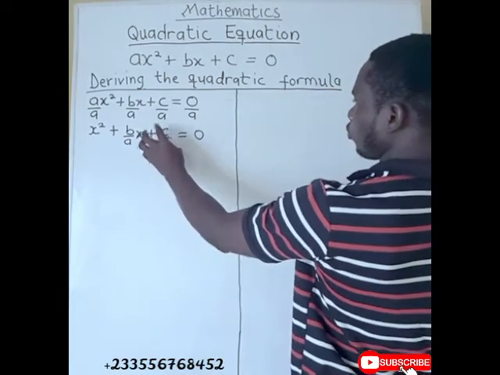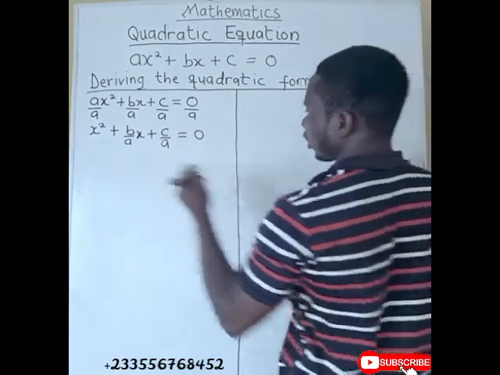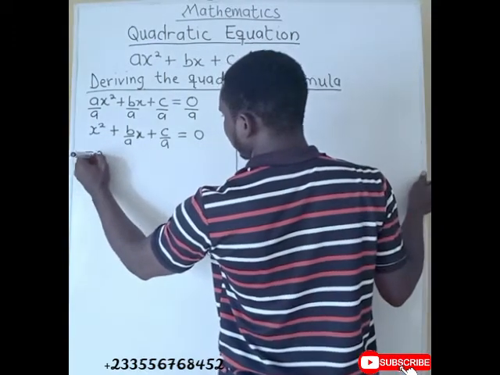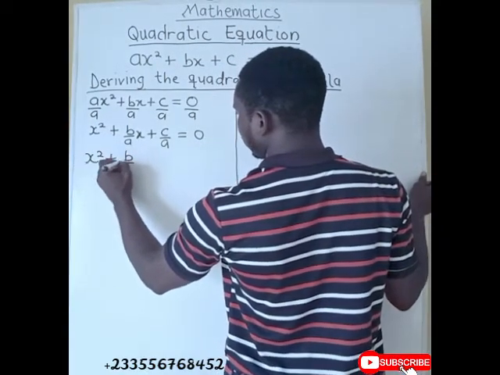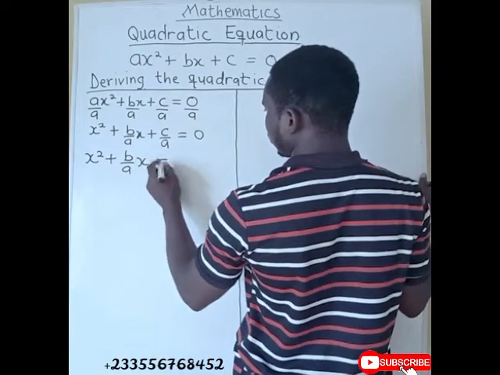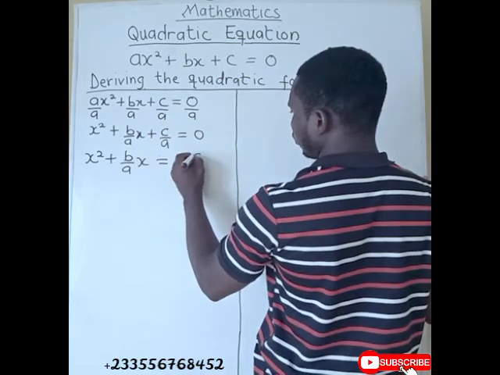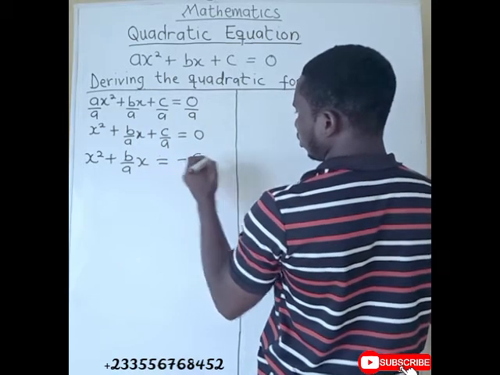So the next step, we'll bring this variable c over a to the right hand side, having x squared plus b over a x equals. When it crosses the equal to sign, it becomes negative. So I have negative c over a.